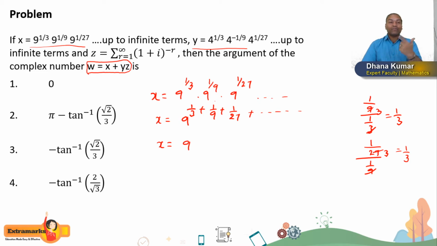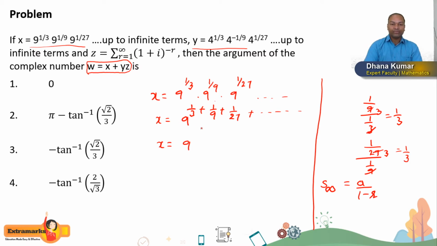In GP, the sum of infinite terms formula, here I am writing the formula, is a by 1 minus r, where a is the first term, r is the common ratio.